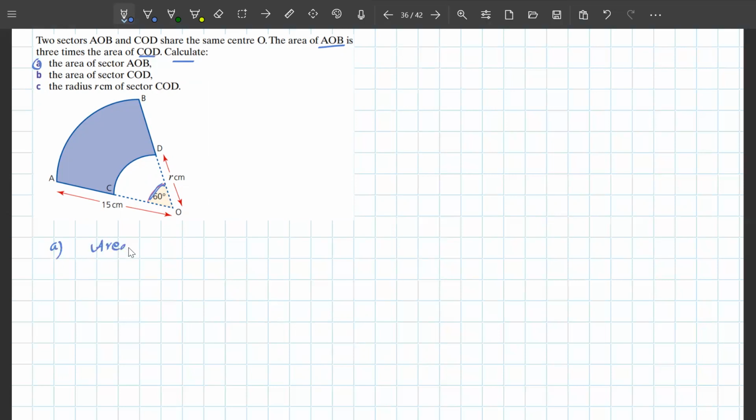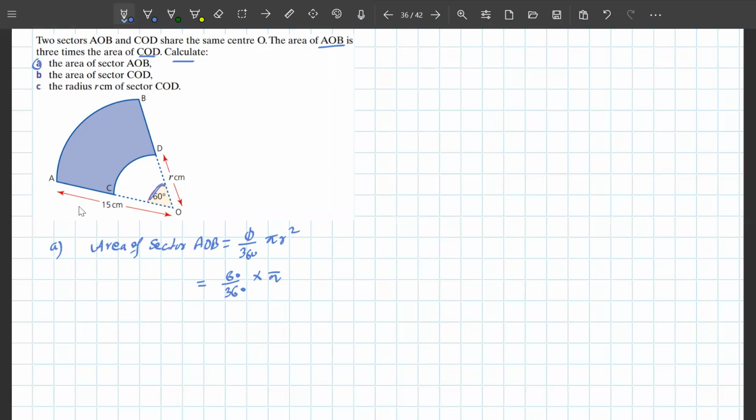We can say that the area of sector AOB is equal to, again the rule is the same, angle divided by 360 multiplied by pi r squared. So the angle is 60 divided by 360 multiplied by pi.